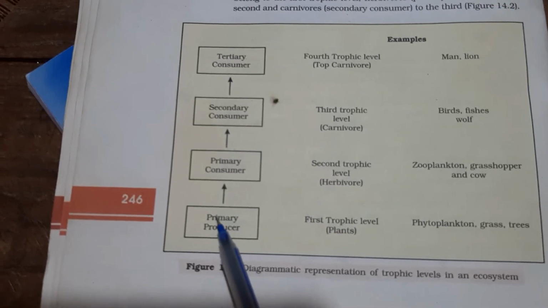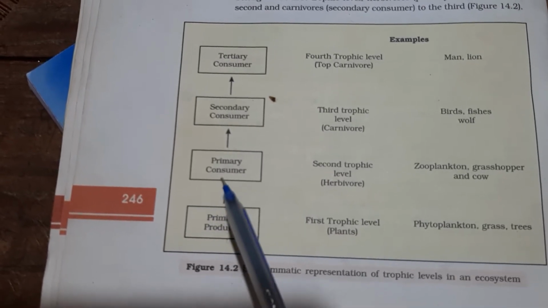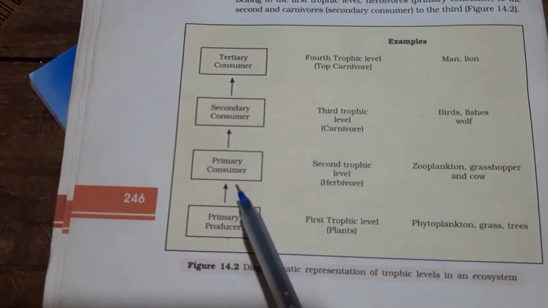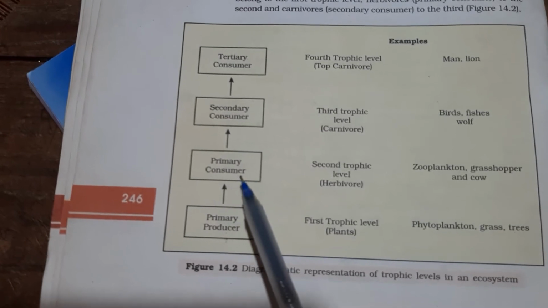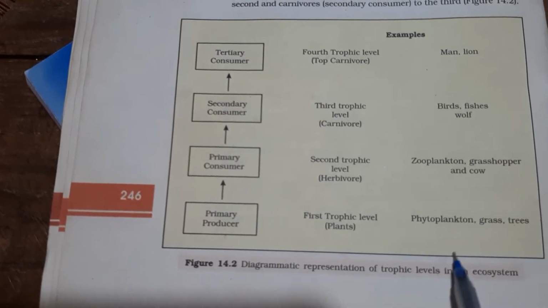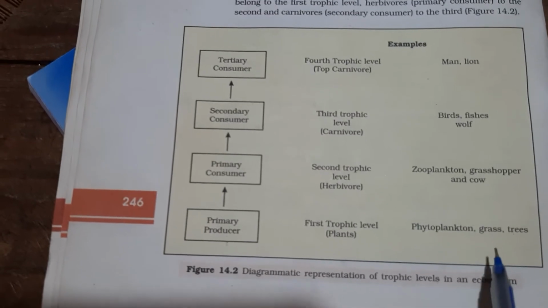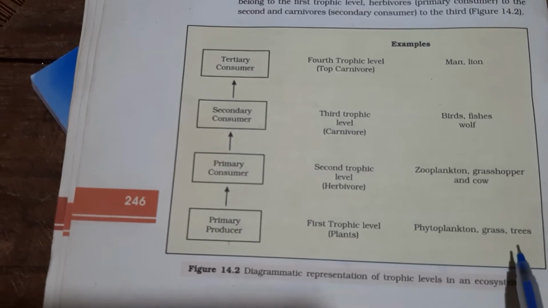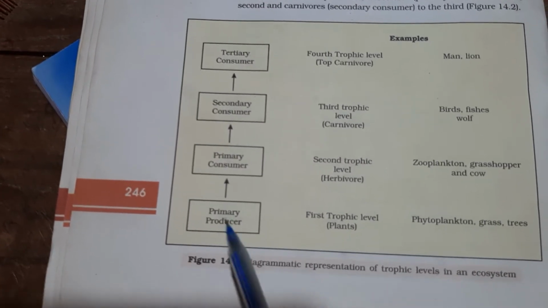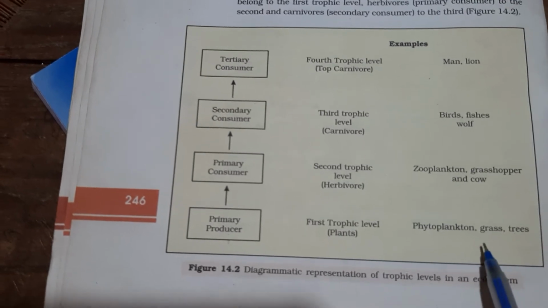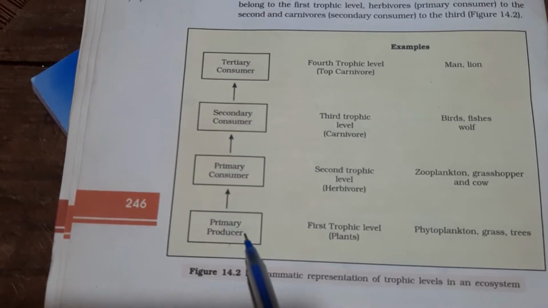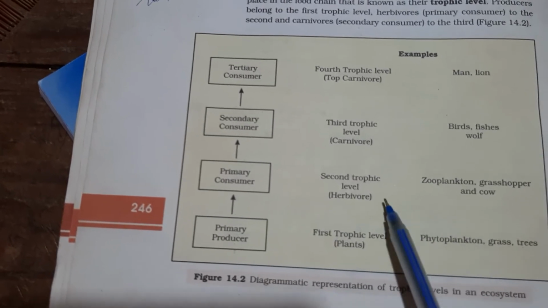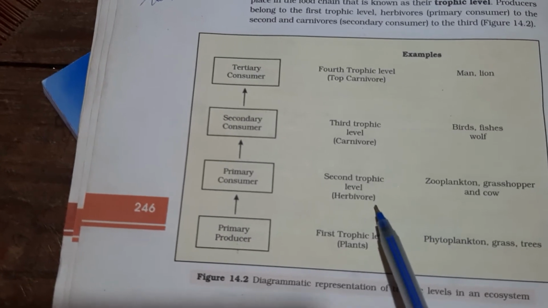After primary producers, the trophic level increases, and for the completion of the cycle the primary producers shift into the primary consumers, which are also called the second trophic level or herbivores.